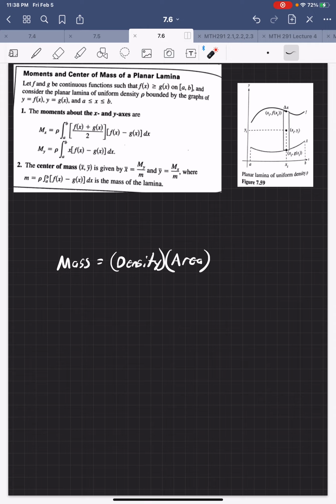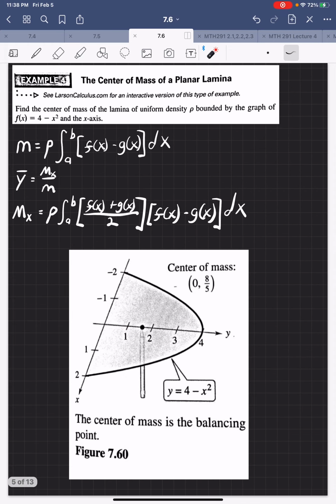Now, there's some things that we're going to assume, right? So I'm going to give you some formulas for finding the center of mass, etc. But there are some assumptions that we're going to need to make, and they're not very realistic assumptions. So for example, whatever object this is that we're trying to balance on this pencil, we need to assume that the density is uniform throughout the entire object, right?